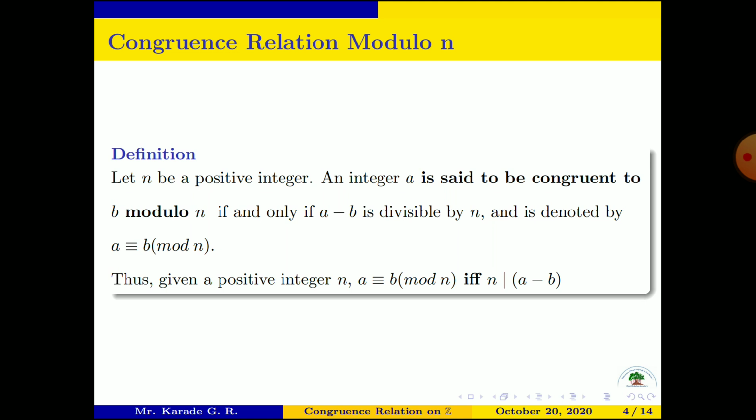N divides a minus b. That is very important. Okay, this is the short form of the above definition. Thus given a positive integer n, we say that a is congruent to b mod n if and only if n divides the difference a minus b. Very simple and very easy to understand.